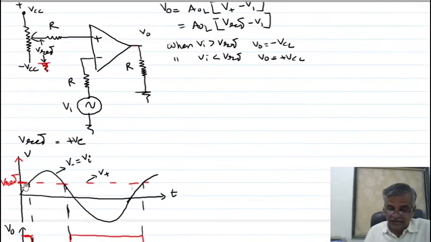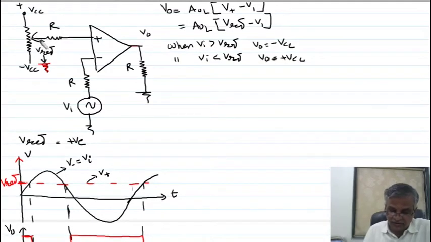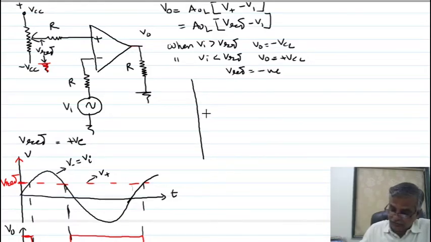Suppose you have given the negative reference voltage here, means this wiper is connected here, toward the minus side. So if the V reference is negative, then what will my output voltage be? When the reference is negative, let us see what your waveform will be.